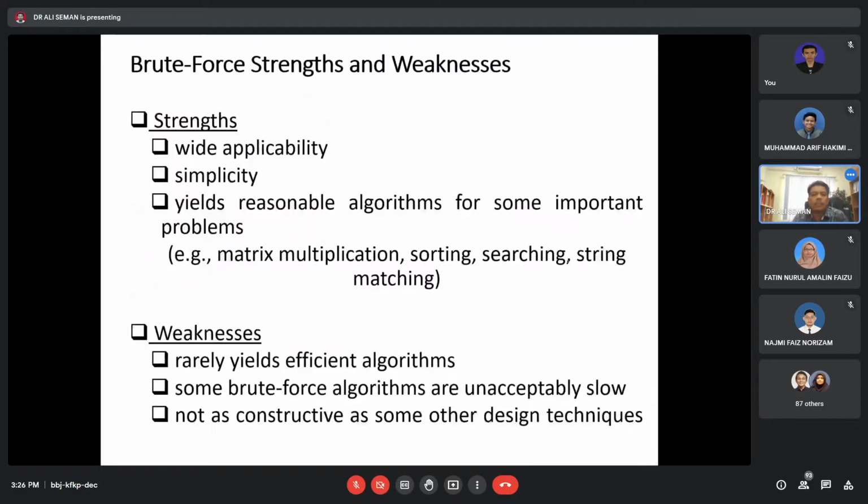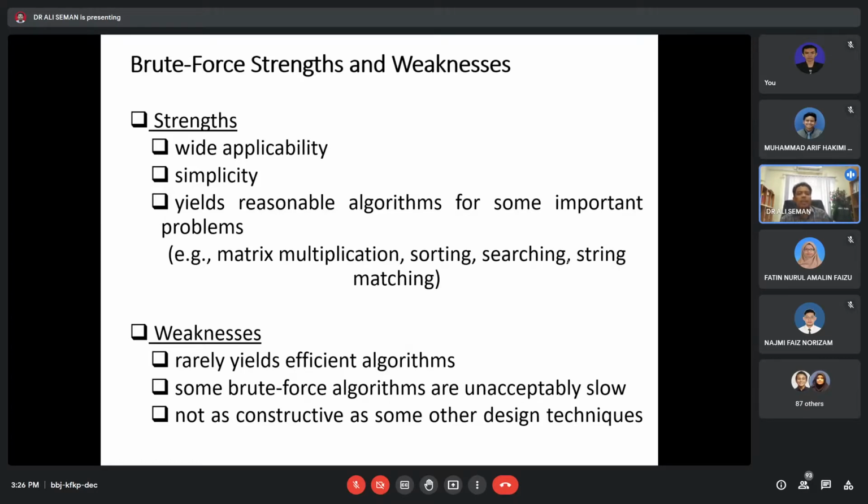Now, come to the conclusion: brute force strengths and weaknesses. What is the strength of brute force? Of course, wide applicability, because it is straightforward, just do it, easy to understand and implement. Secondly, simplicity, because the idea is quite straightforward.